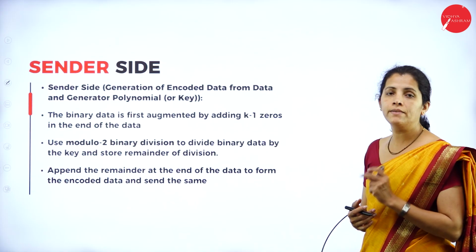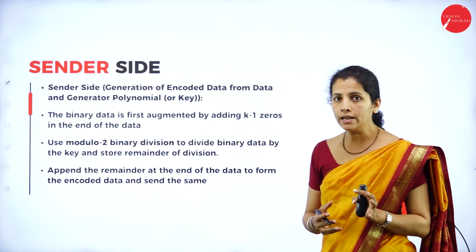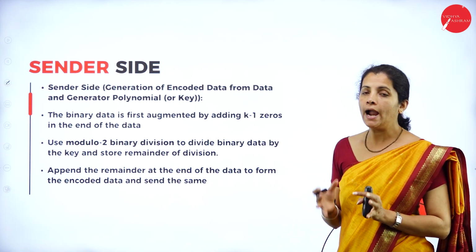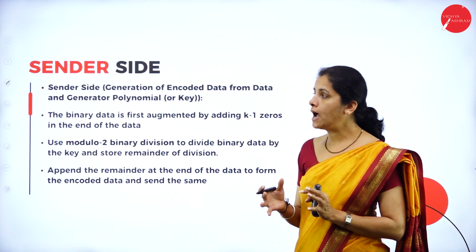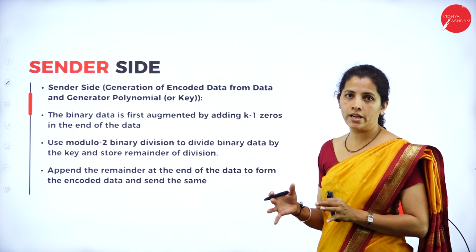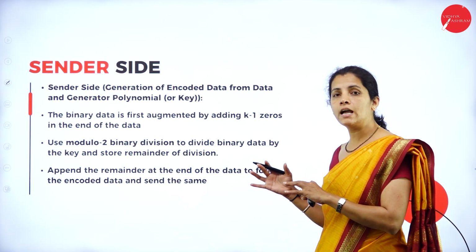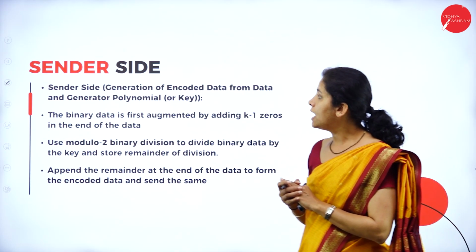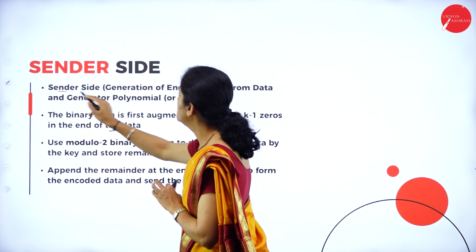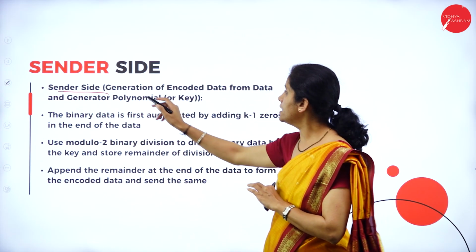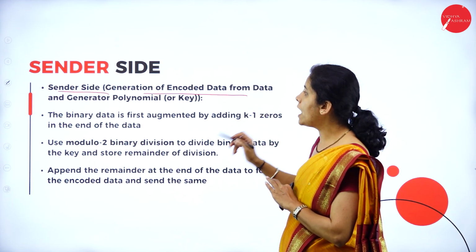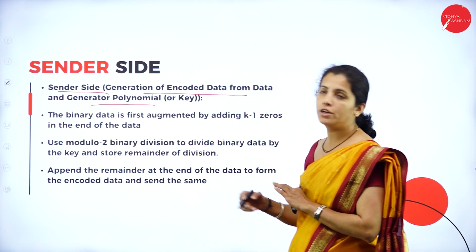Now, dear student, if I consider a computer network, we have the sender and we must have the receiver. In my sender side, I am going to have a CRC generator, and in my receiver side I am going to have a CRC validator. Now, in my sender side, generation of encoded data from data and generator polynomial.